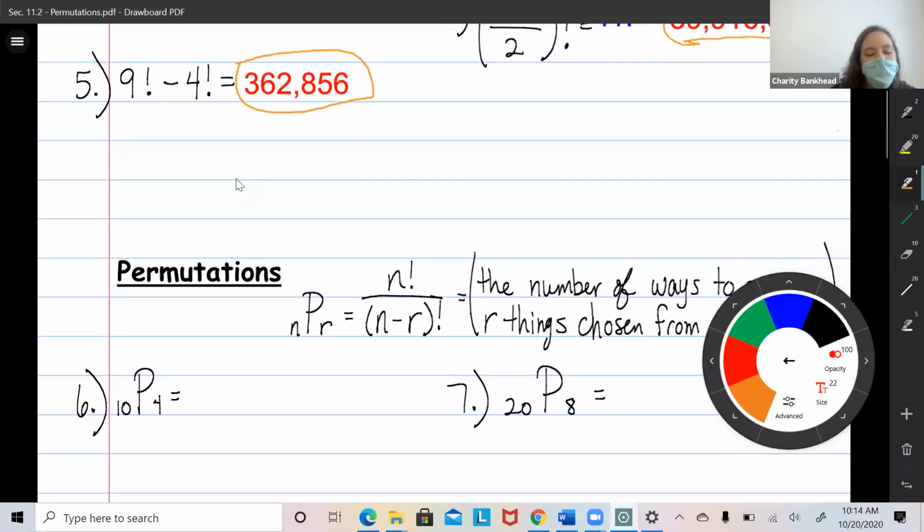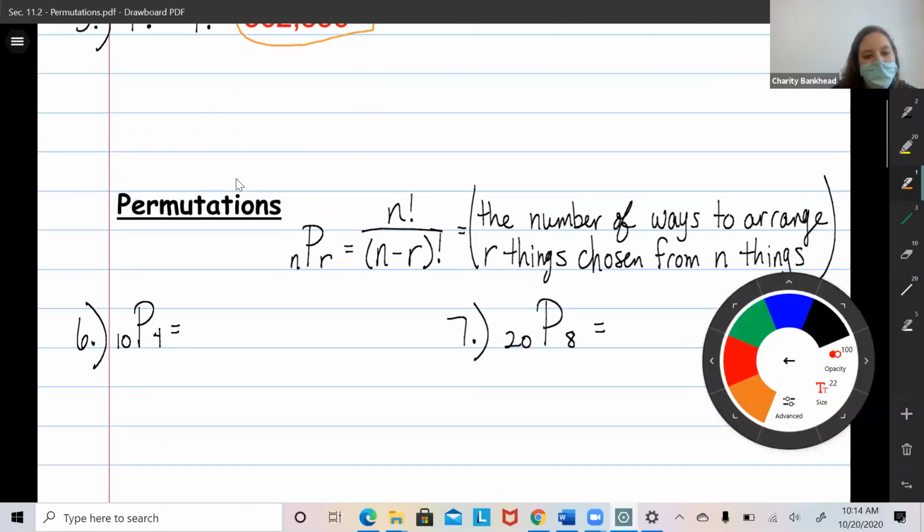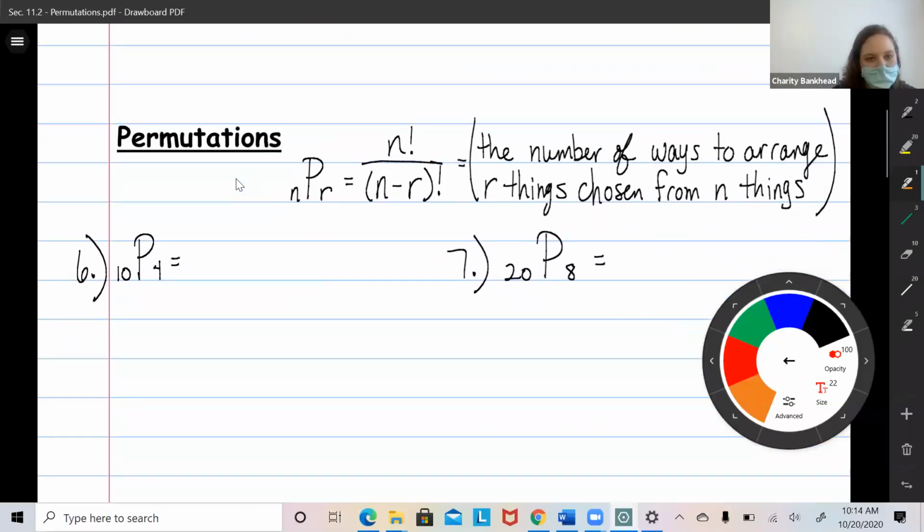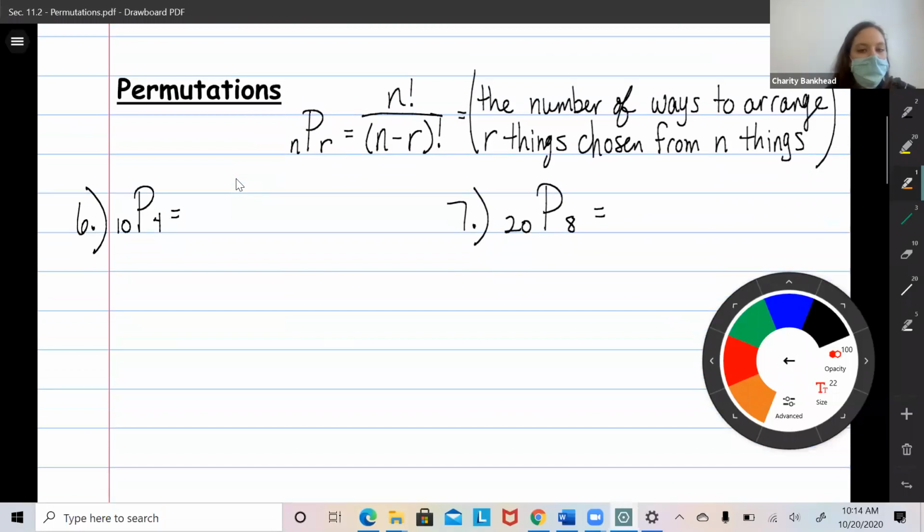Okay, so then we will talk about permutations. When you're doing a permutation, you're always considering that the order of things is significant somehow.